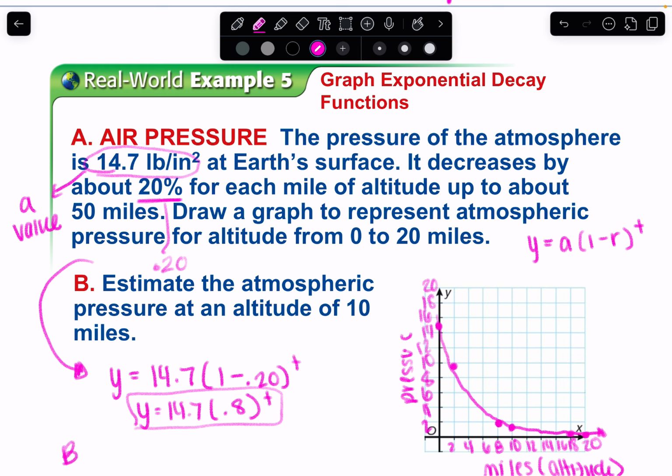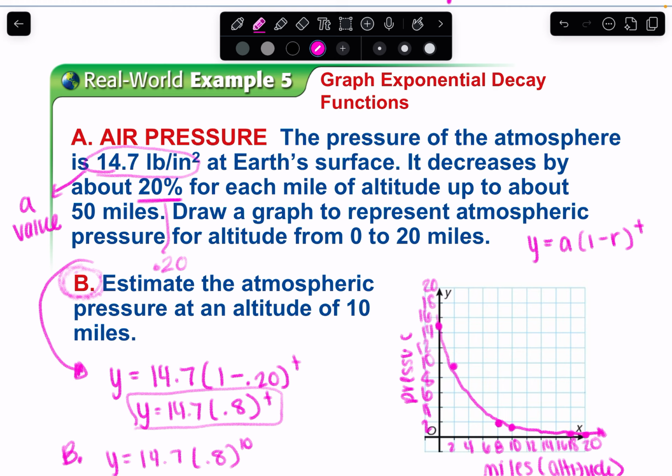Part B, right here, then says to estimate the atmospheric pressure at an altitude of 10 miles. So for this, you are plugging in, and this is why it's important for you to know your equation. Because if you just look at the graph, it's going to be a big guess. So your t value is now specifically 10, for 10 miles.